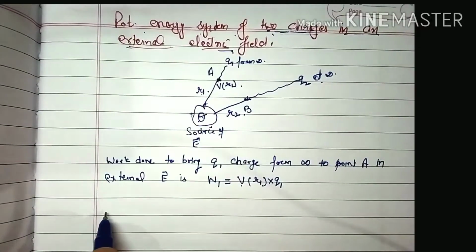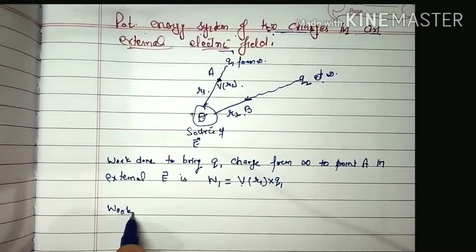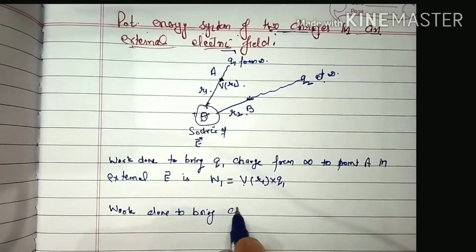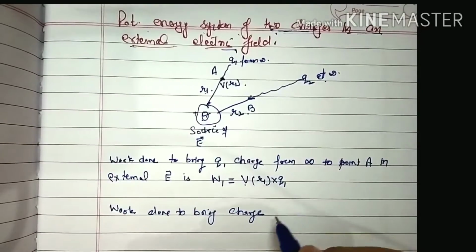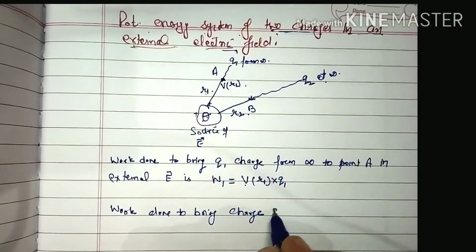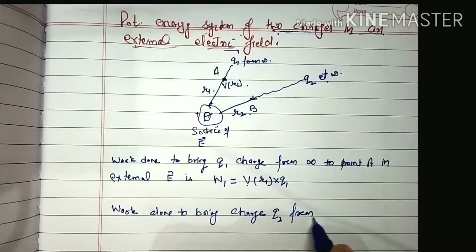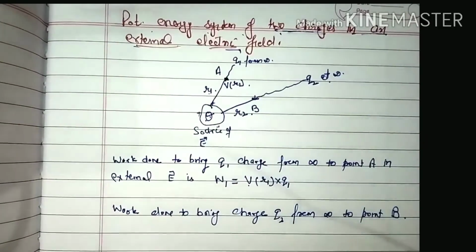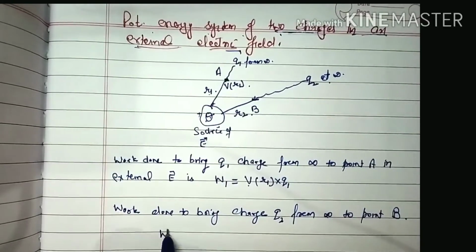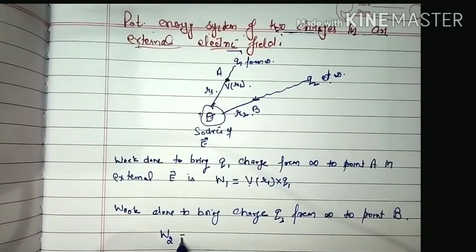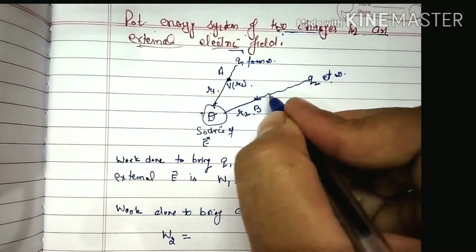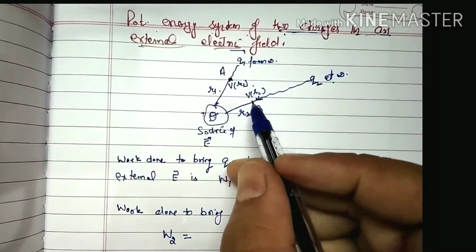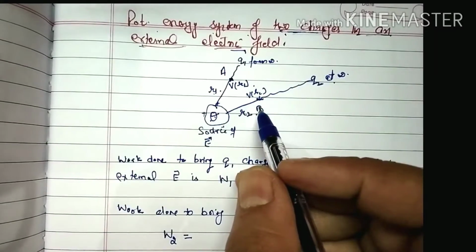So the work done to bring charge Q2 from infinity to point B is W2. Here the potential is V(R2), because potential is a function of r, it will change with respect to distance.